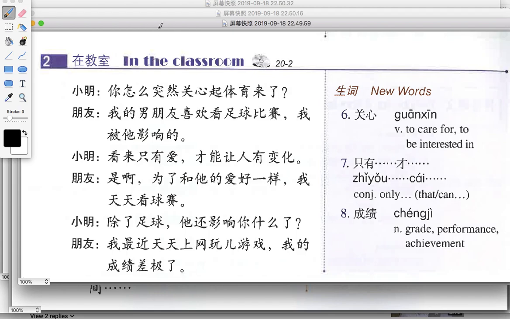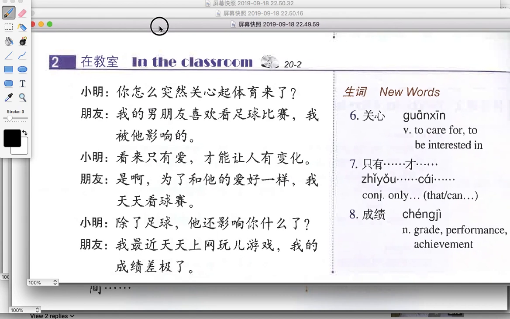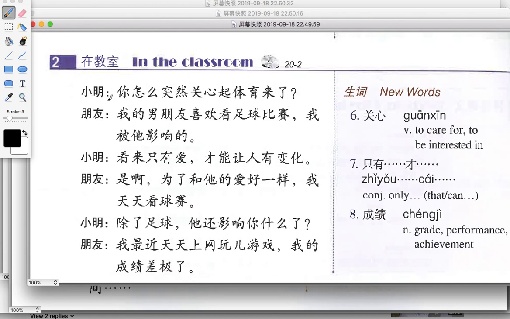Let's go to number two. 第二个，我们看一下。小明说：“你怎么突然，all of a sudden, 关心起体育来了？”关心, to be concerned about, to mind somebody or to take care of somebody, sort of. 起 is short for 起来, which means a tendency of this 关心.